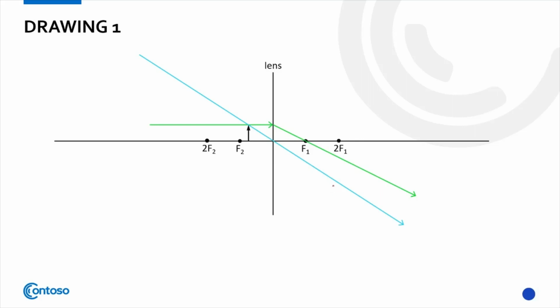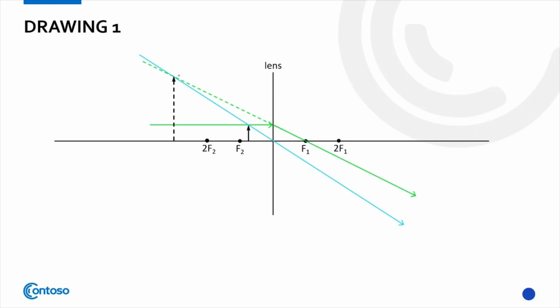So, we have to extend the first refracted ray, this one, to the left side of the lens, like this. Usually, we use a dashed line to extend the refracted ray. Now we can find the point where the refracted rays intersect. So, the image can be drawn like this.